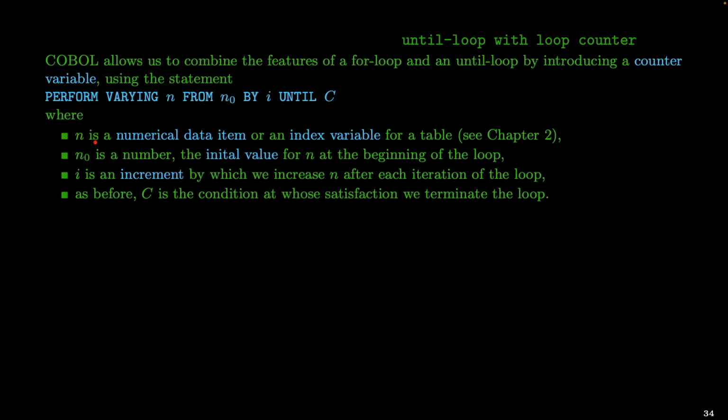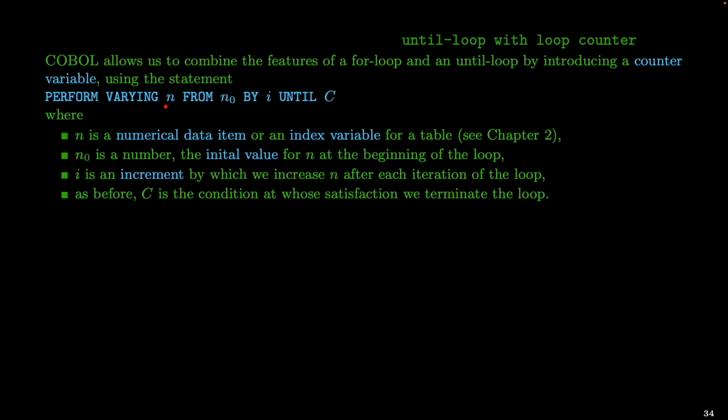Varying n. Here n is a numerical data item or an index variable for a table. So recall from chapter 2 where we learned about index variables. And n0 is a number, which is the initial value for n, so the starting value. I is an increment by which we increase n after each iteration of the loop.